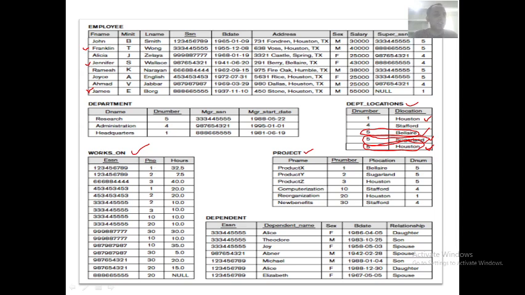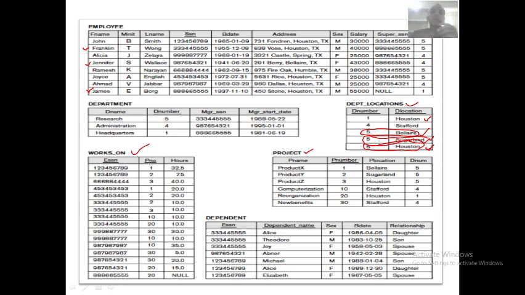Why are these two, ESSN and project number, together a primary key? Here I'll explain. See here now, one employee can work on more than one project.